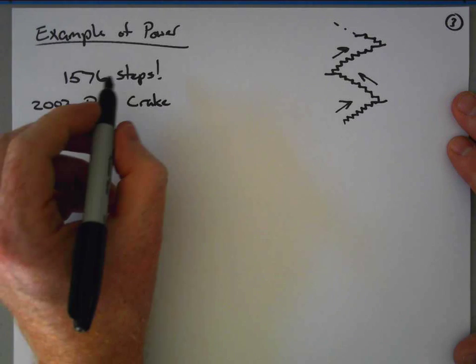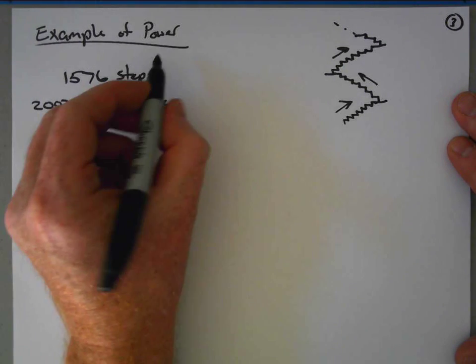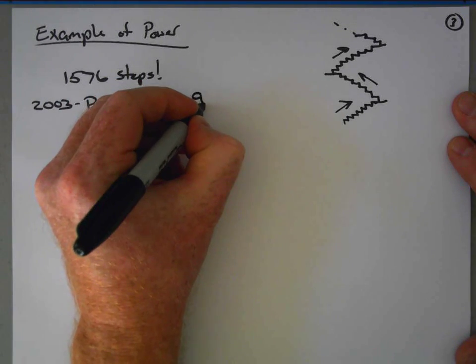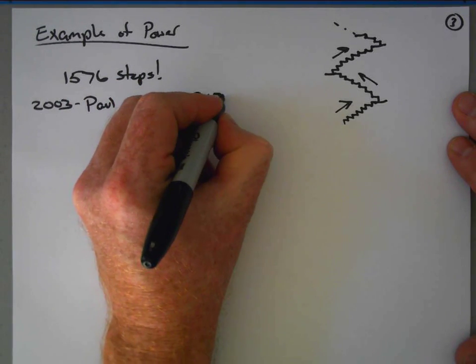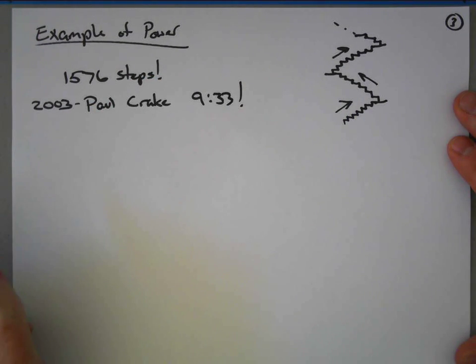He is from Australia. So back in 2003, Paul Craik won, and in fact he set the world record, and it still stands to this day, of 9 minutes and 33 seconds to the top of the entire Empire State Building's stairs.